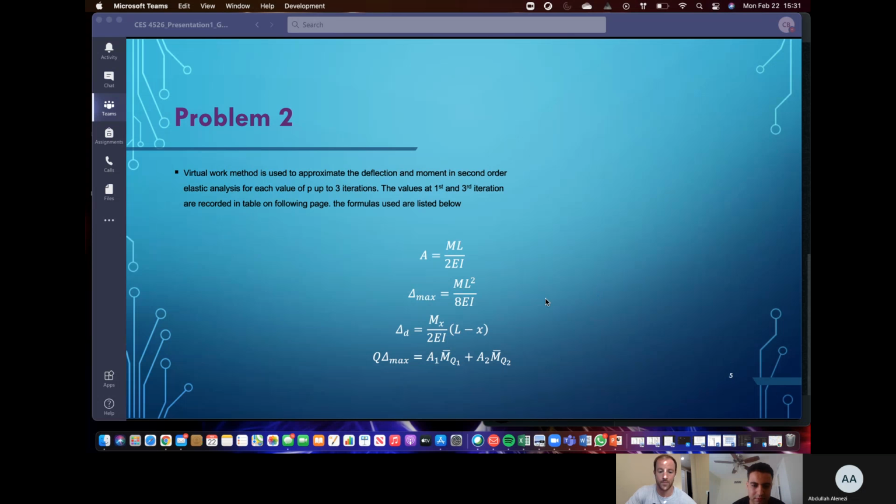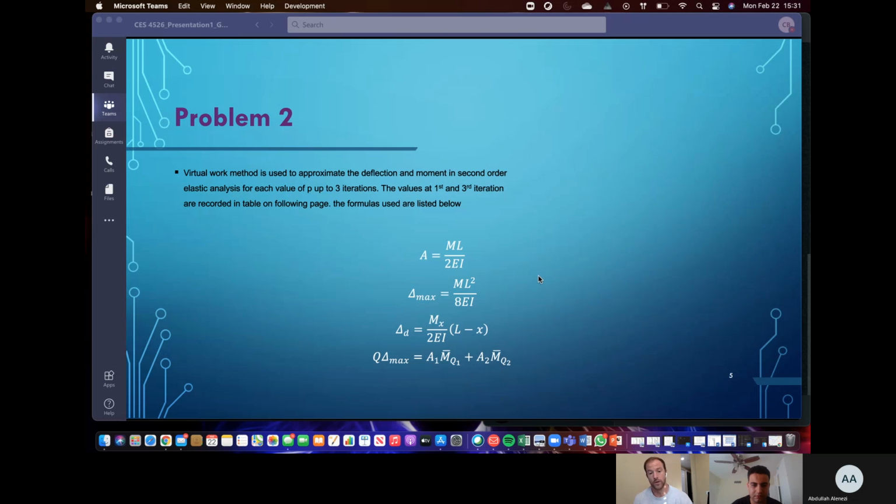So our maximum deflection formula is moment times length squared divided by 8EI, and the deflection at a given distance is the moment at that distance times length minus x divided by 2EI.